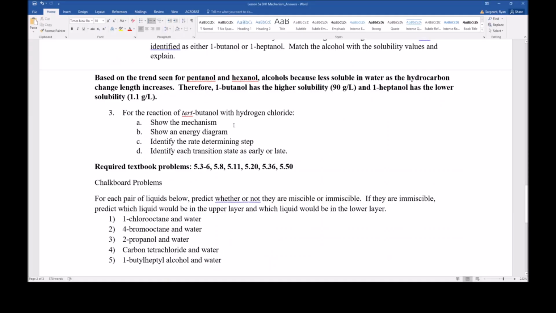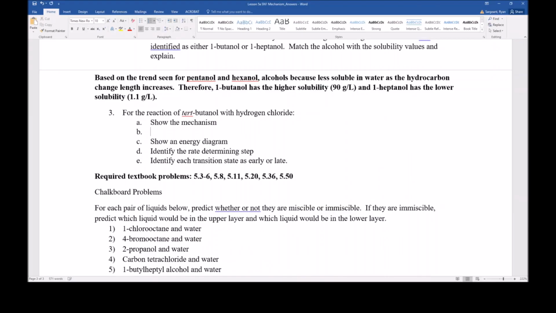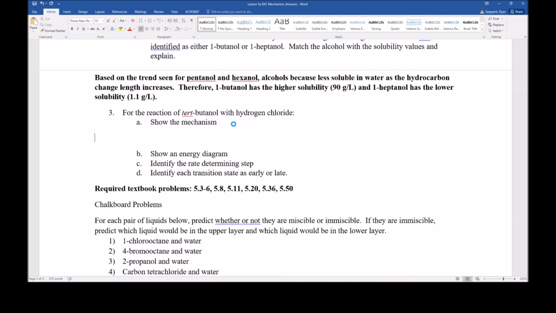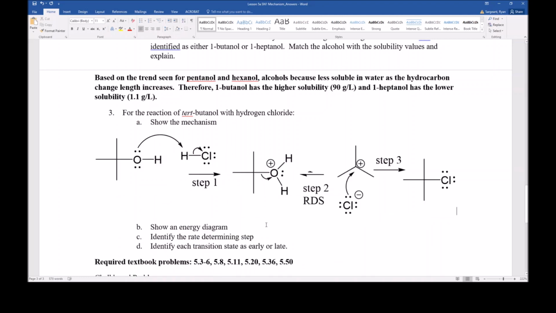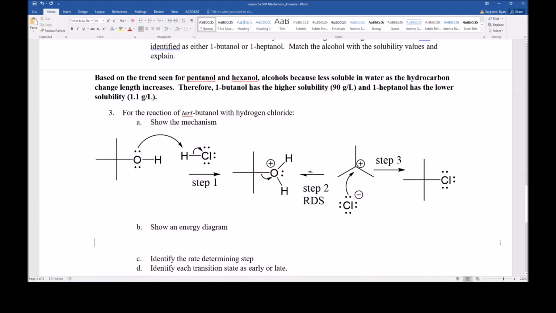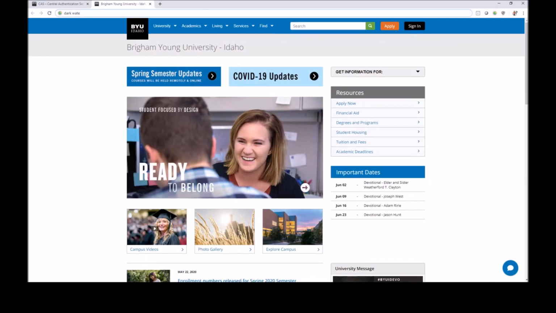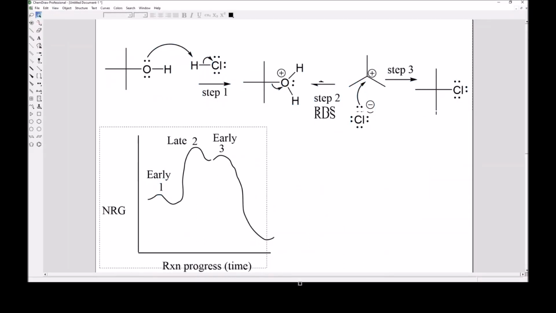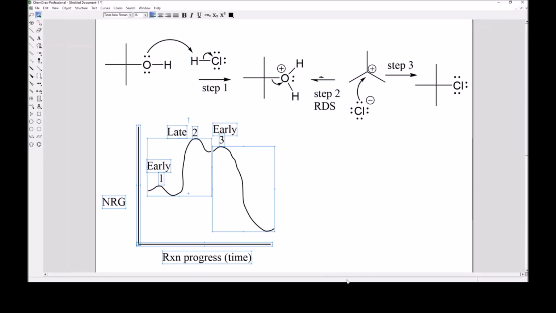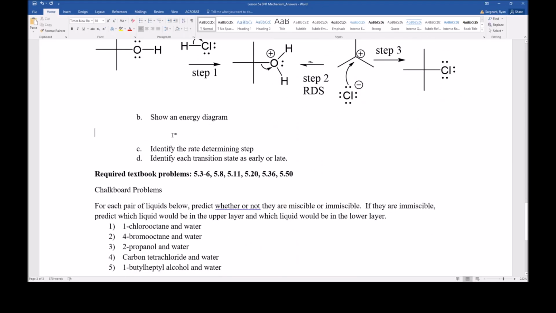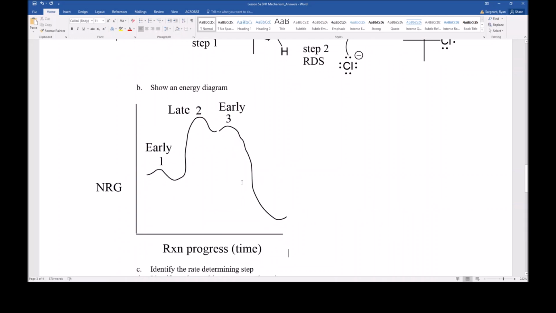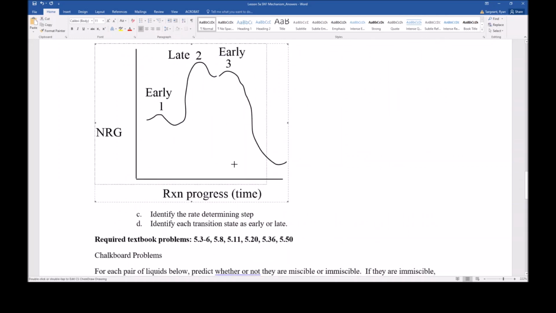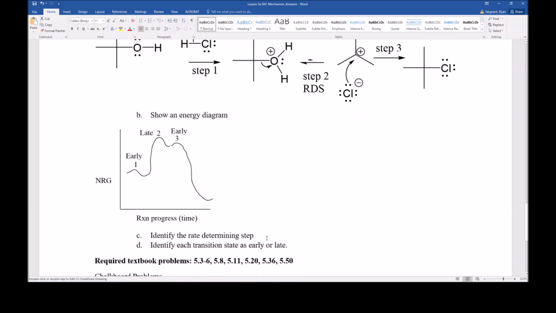So let's go ahead and fill in the mechanisms right here. Sorry, the answers. This is show the mechanism. And so this right here is the mechanism. Let's go put the energy diagram in there. So here's my energy diagram, and then identify the rate determining step, which is shown above.